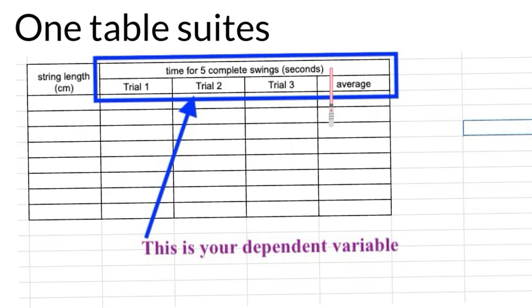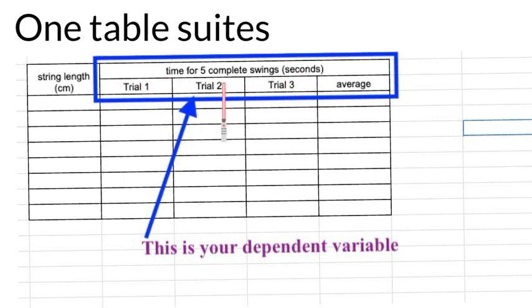I know that because the person who set this up has merged the boxes above, so that they're saying that everything underneath is about that. Just like everything underneath the string length over here was about string length, now everything here is about the time in seconds.